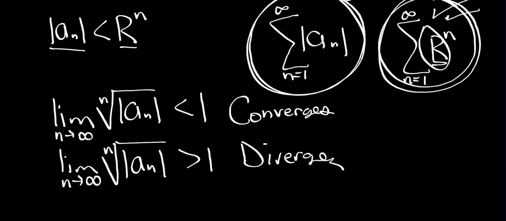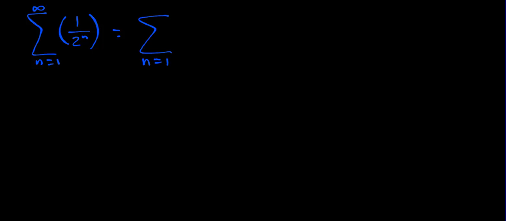So let's look at a couple of examples of how we would use the root test. Let's suppose that we've got this series, n equals 1 to infinity of 1 over 2 to the n. Now, we don't really have to use the root test for this one because it's just a geometric series. It might be helpful to us if we wrote it this way, but you can see that's just a geometric series. But this illustrates how we can use the root test.